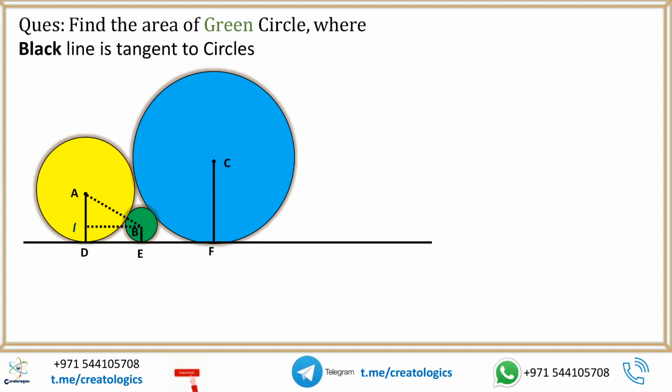Triangle ANB, I can say AB squared is equal to NB squared plus AN squared. What are the NB and AN? NB we have to calculate, and it is also the same as DE. Next is AB. AB is the hypotenuse, and it is actually the sum of radii of the yellow and the green circle.